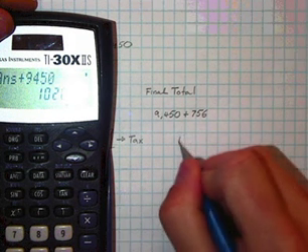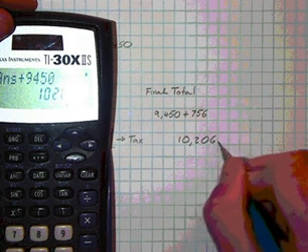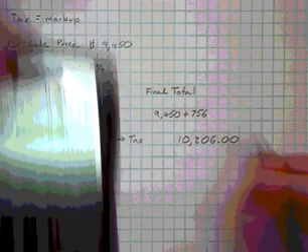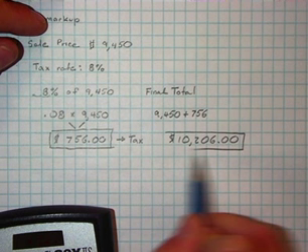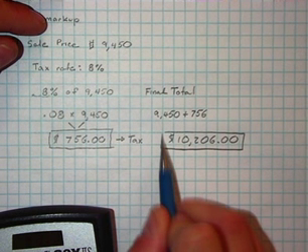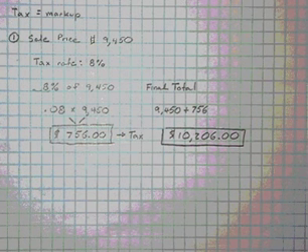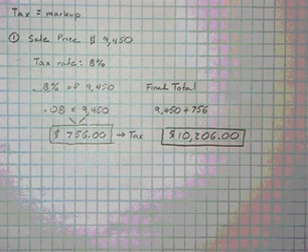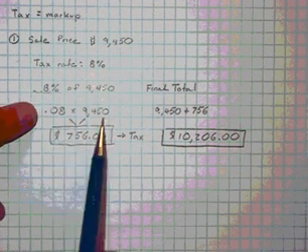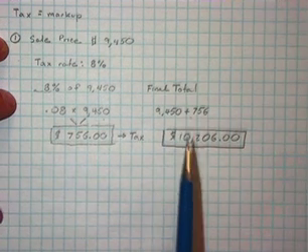Which gives me $10,206. And that is my final total. That's how you find tax. Just find the percent of the number, then add it onto the original amount, and that'll give you your new total.